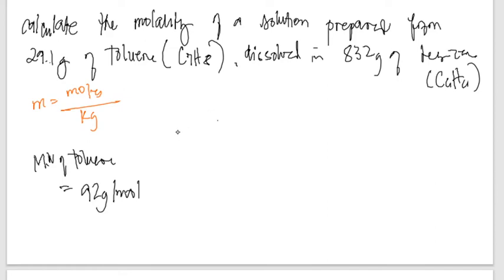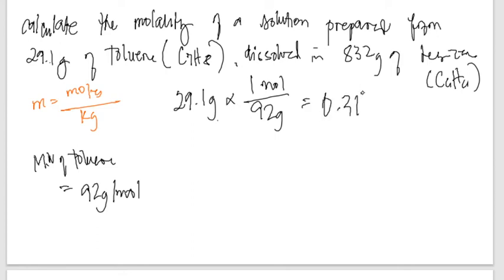Ngayon, okay, let's compute na for moles. Okay, so 29.1 grams times 1 mole per 92 grams. Ang magiging sagot is 0.316 mole.